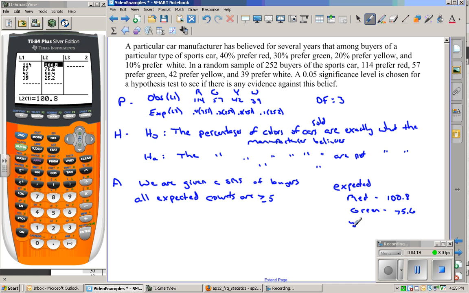No, green, that was right the first time. Yellow was 50.4. And then white 25.2. So sure enough, all of them are above 5. The name of this test is a chi-square goodness of fit test.